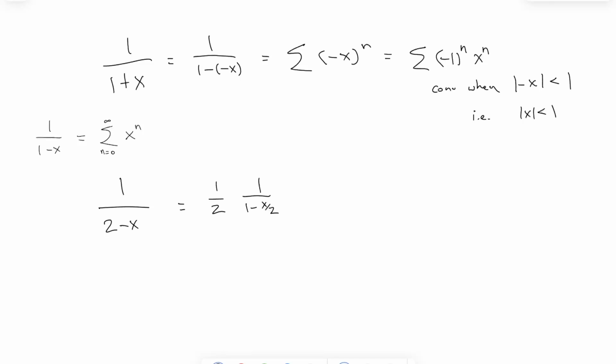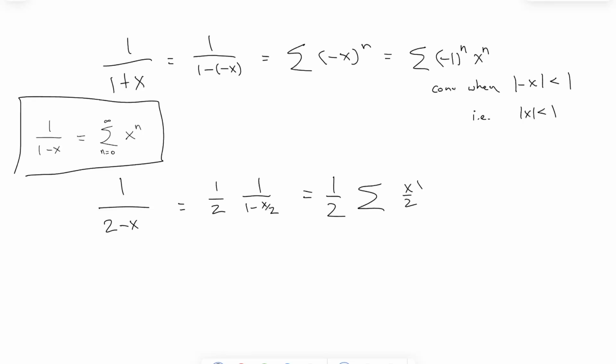And now we plug into the formula on the side there. Maybe I'll put this in a box. Now I plug into the formula in the box using x over 2 instead of x. So this now becomes, and you just have to leave this 1/2 outside, but I'm all right with that. So it's this, right?